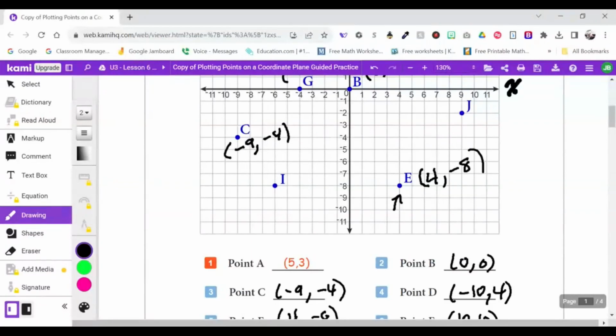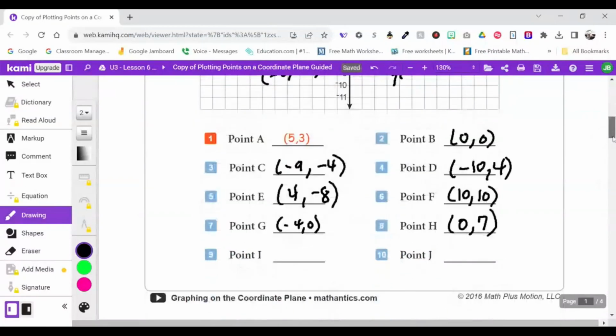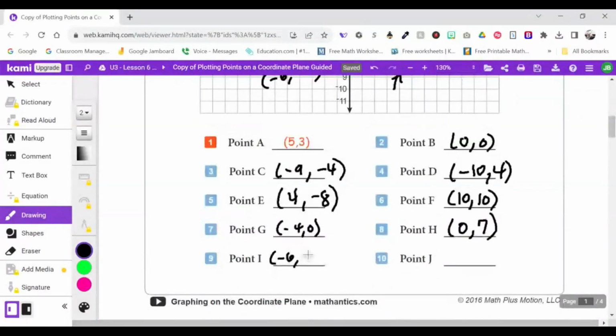Some of you are not being careful with your negatives. We start at the origin and we have to go negative 6 in the x direction, and then down 8, and down is negative. So the coordinates of this point are (-6, -8).